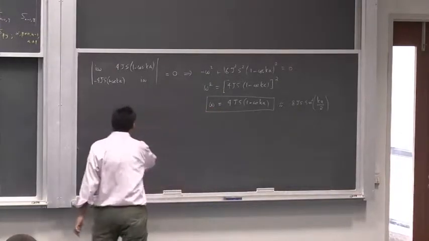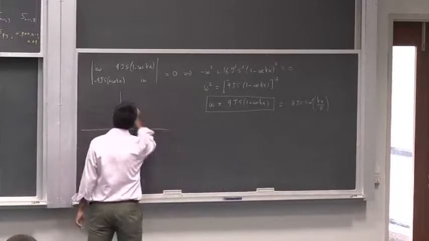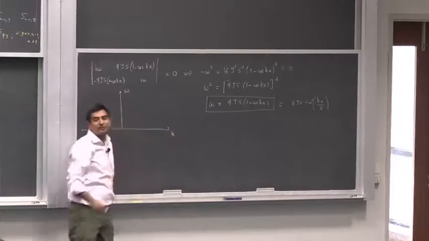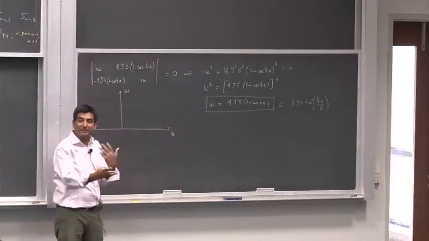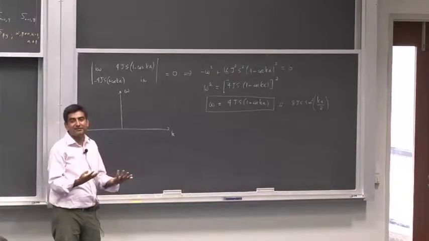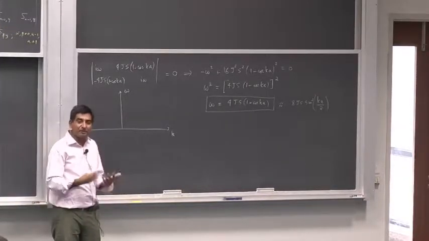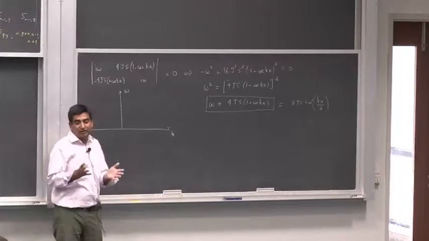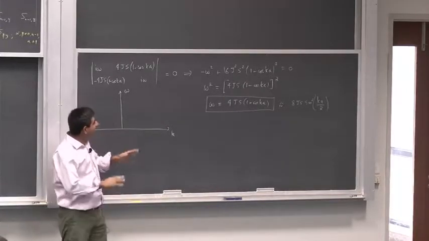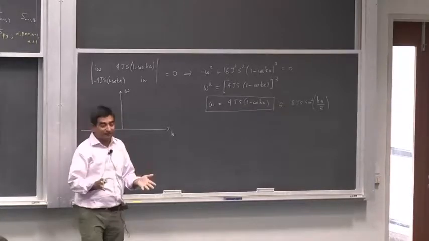So we can plot this dispersion relationship. We have omega here, we have k here. Remember, we talked about the dispersion relationship of free electrons inside a metal. We can talk about the dispersion relationship of quantized lattice oscillations, phonons. So this is the dispersion relationship of spin waves.